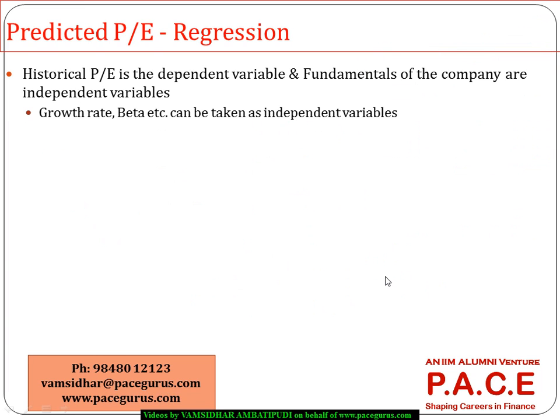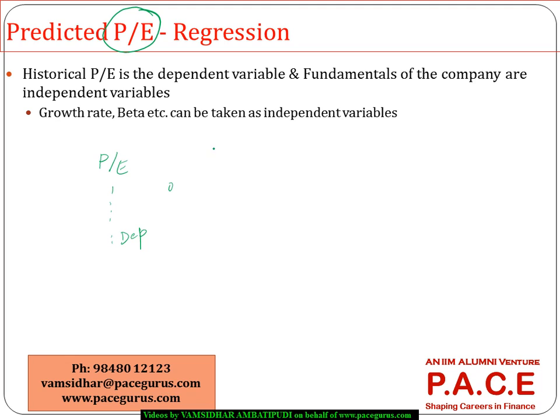Now there is one more perspective to looking at these multiples. Probably predicting the P by E using a mechanism like regression, where you take historical P by E's as the dependent variable and probably some set of fundamental factors.